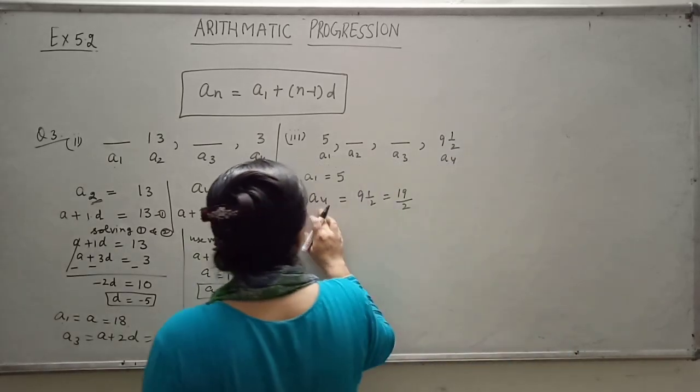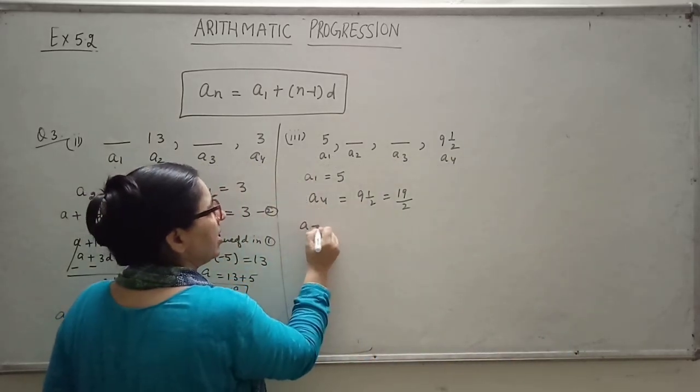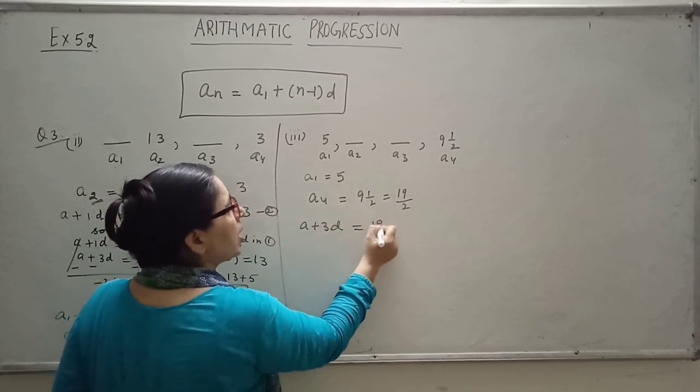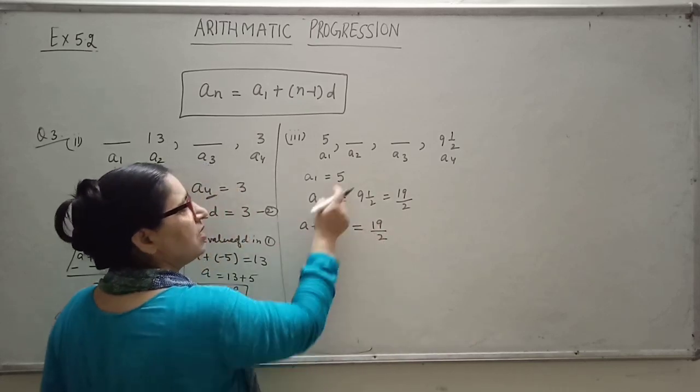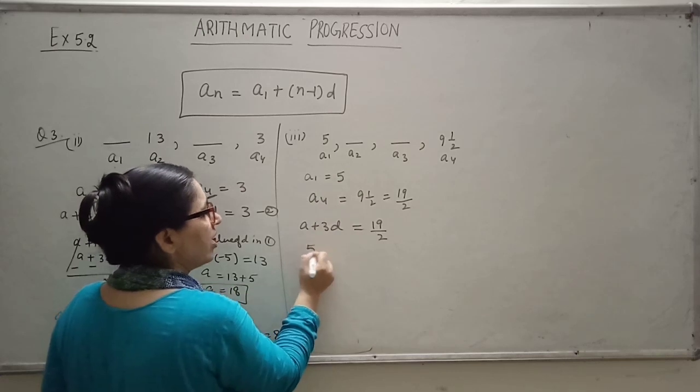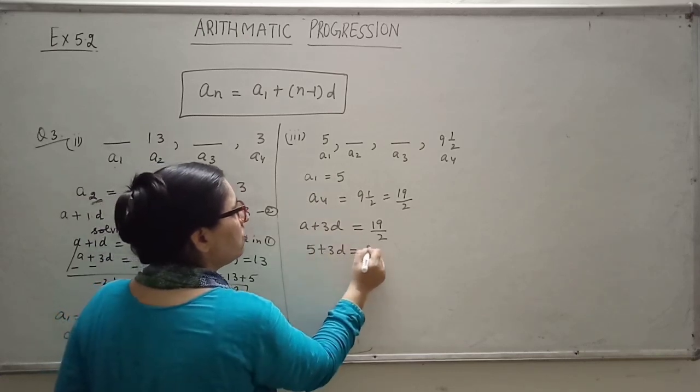A4 का फॉर्मूला होता है A plus 3D is equal to 19 by 2, what is A, that is A1, that is 5 plus 3D is equal to 19 by 2.